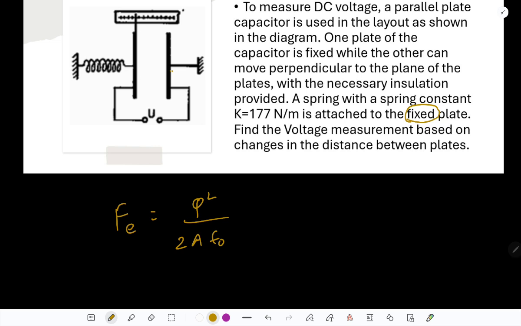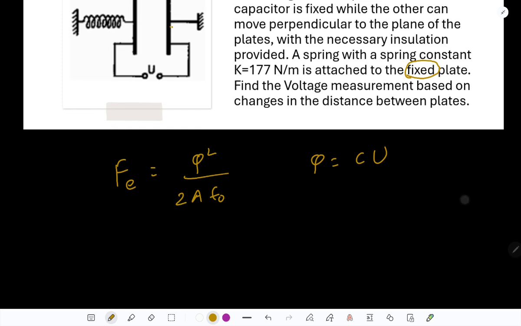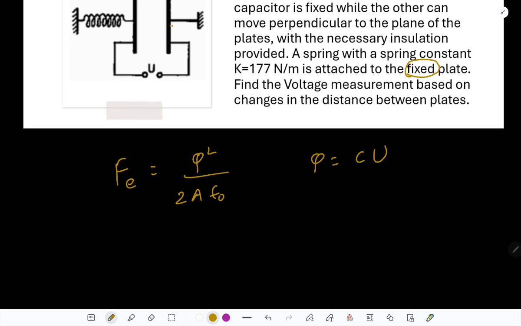You can place one plate in the electric field of another and find the force by writing F equals QE, and it comes out this, and then you can write Q equals C times the potential difference, CU in this case, and since C is equal to epsilon naught A by D, you will get this result eventually as 1 by 2 epsilon naught A U squared by D squared, and this is the force in equilibrium.